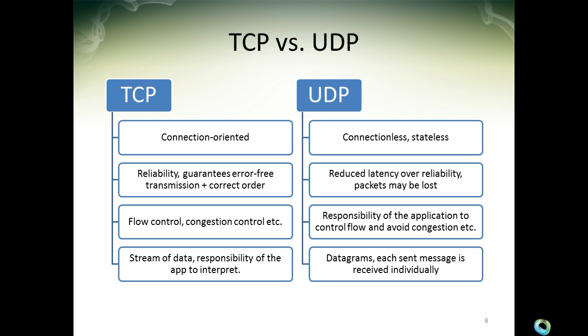Okay, so to sum it up, if you want to create something that uses near or next to real-time communication, then you would probably go with UDP, if you have no problem with individual packets that may be lost, packets that may be distorted or damaged, or packets that may even be received out of order in some rare cases.